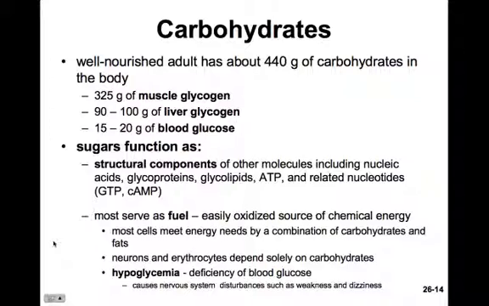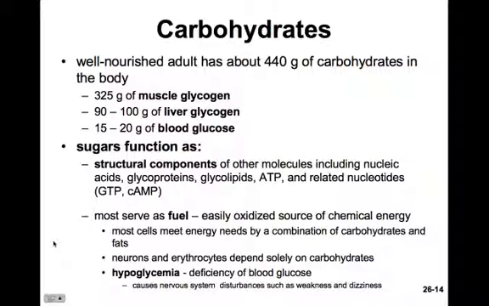Glycogen is the storage form of carbohydrate. So if we consume carbohydrates, they'll get digested, packaged away as glycogen, stored in the muscles, stored in the liver, and some is free and circulating and ready to be used. Sugars have many different functions.